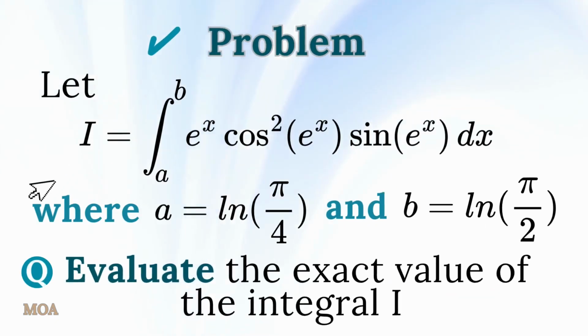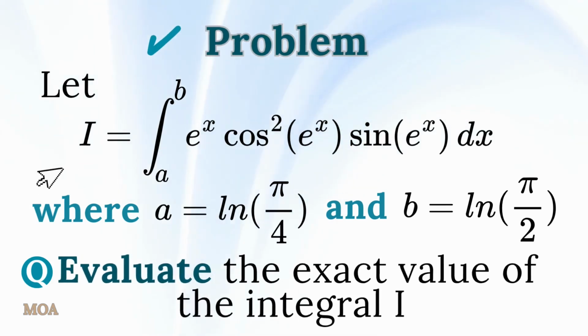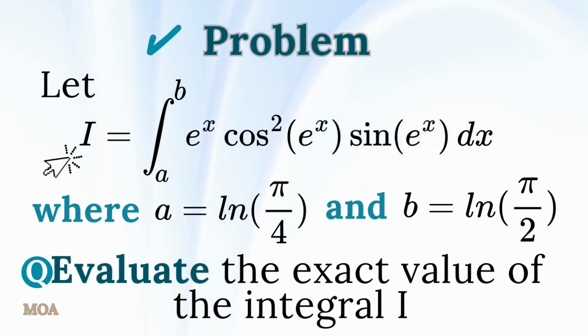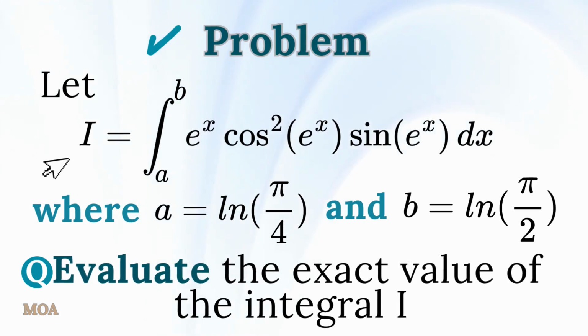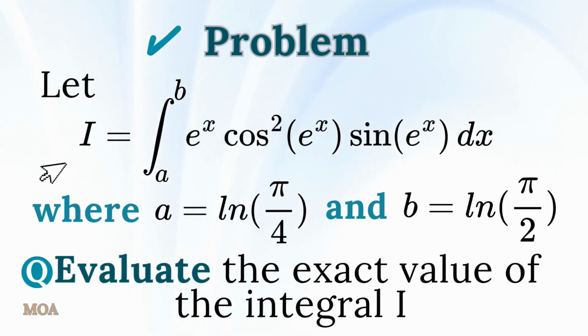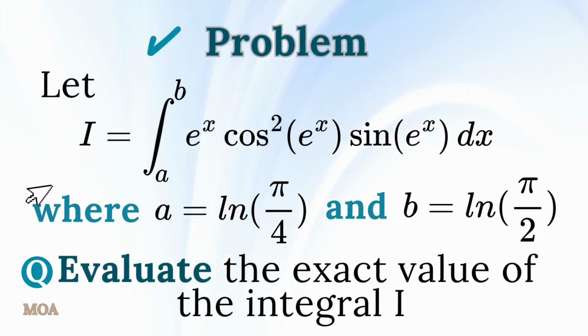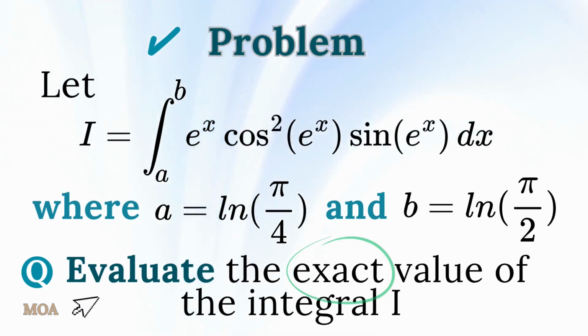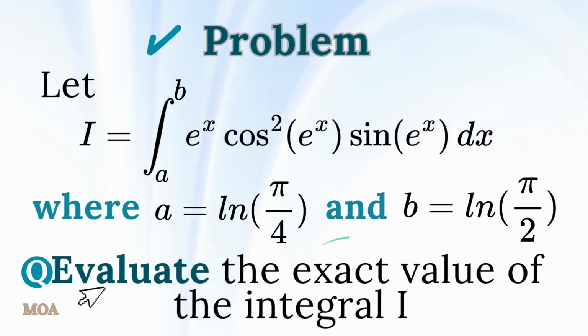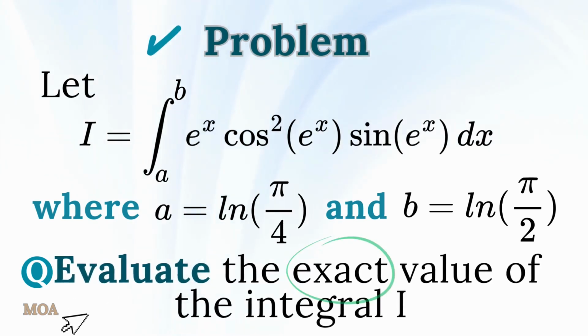Let I be the definite integral from a to b of e to the power of x, multiplied by cosine squared of e to the power of x, multiplied by sine of e to the power of x, with respect to x, where a equals the natural logarithm of pi over 4 and b equals the natural logarithm of pi over 2. Your challenge is to evaluate the exact value of the integral I.